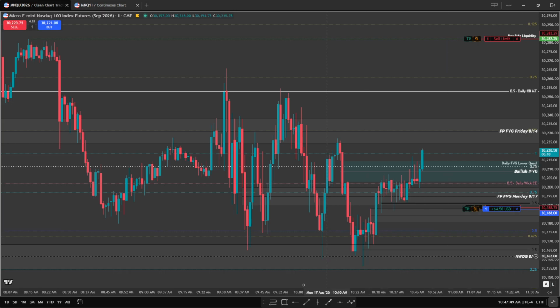So let me annotate this minor buy side. I want it to start exploding higher really, really fast. So when it tips this high, I don't want it to just sweep it. I want it to displace through it and attack the high of day.